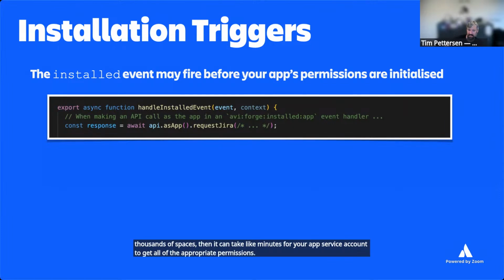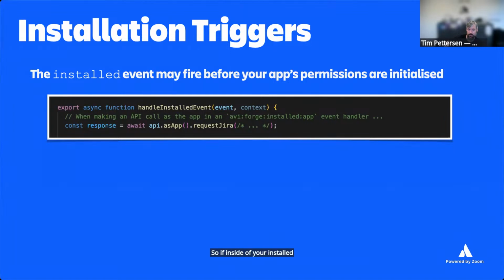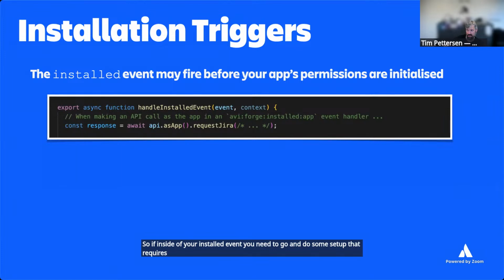So if inside of your installed event, you need to do some setup that requires calling into the product APIs, and particularly anything that involves working with spaces or projects, there's a chance that calling as app request Jira will fail with a 401 or a 403, or request Confluence.